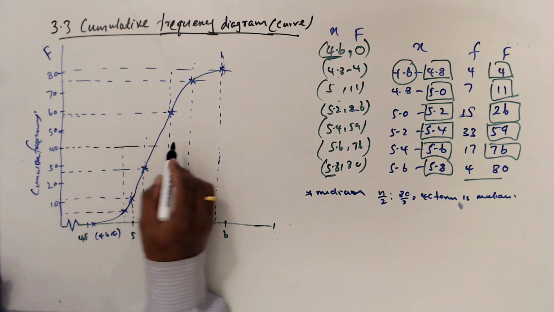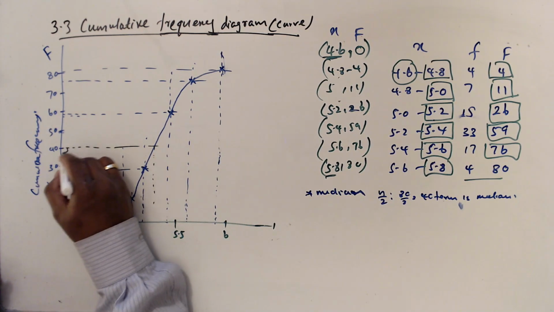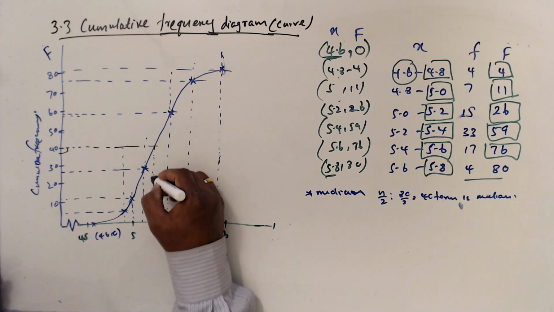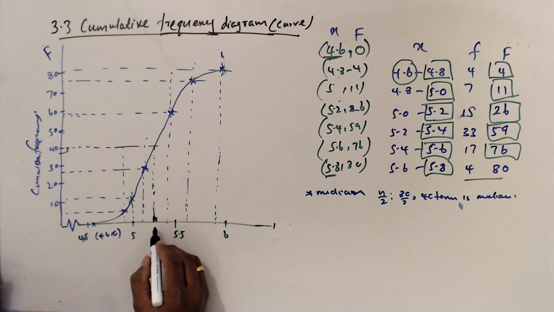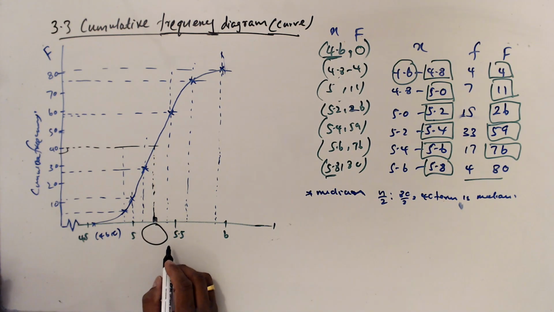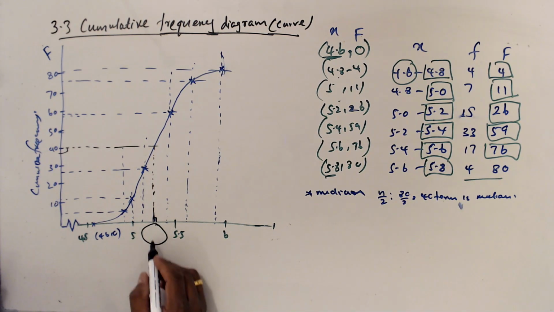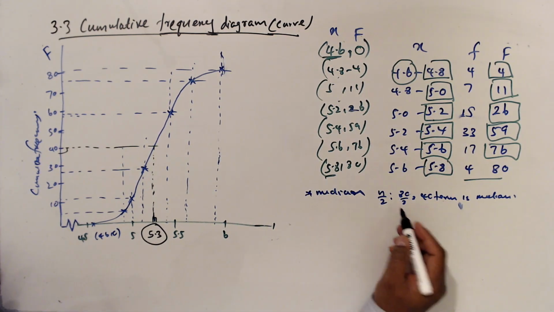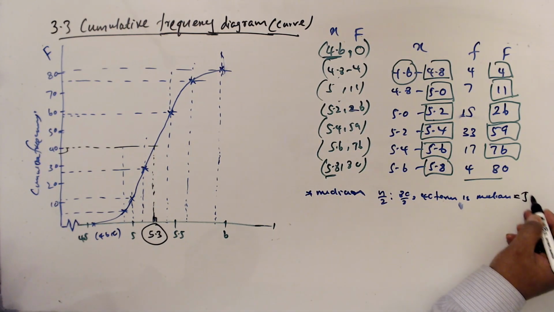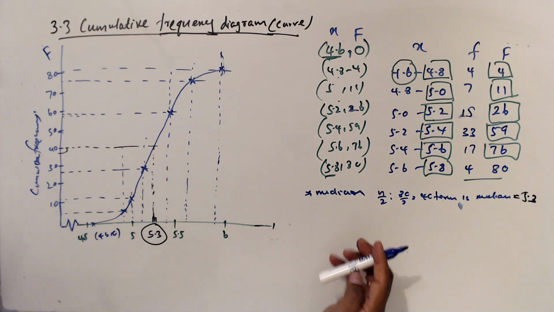I am going to find the value belonging to the 40th term. I draw a 90 degree line, and then another 90 degree line from that point, and then I read the value. This is going to be the median. Approximately you will get 5.3. So the median value is 5.3.